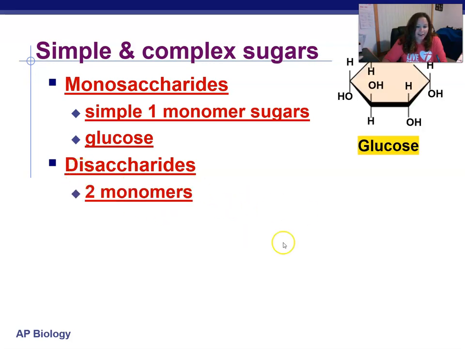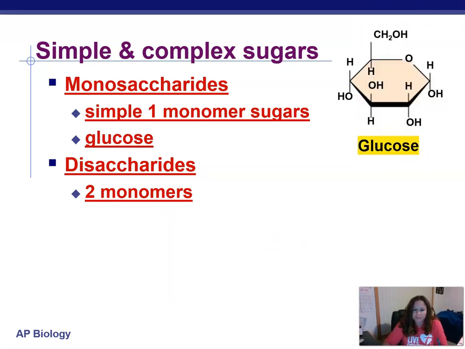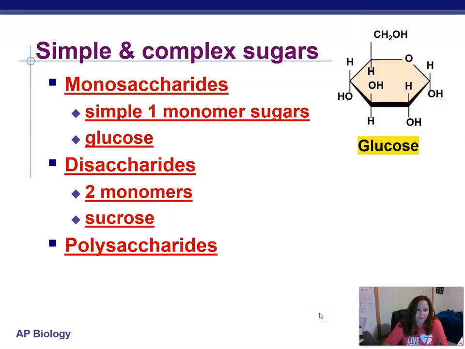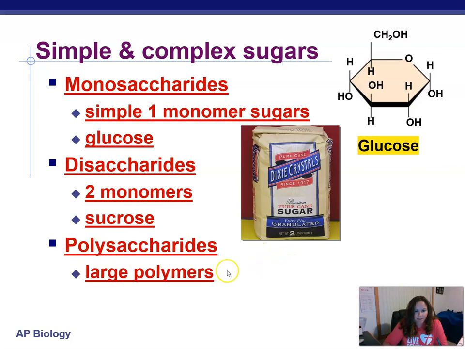Then disaccharides contain 2 simple sugars or 2 monomers. An example would be sucrose, which is plain old white table sugar. Lactose, which is milk sugar, is another example of a disaccharide. And maltose, which is often found in malt beverages like beer. Poly means many.